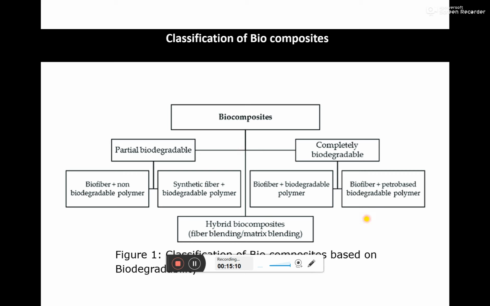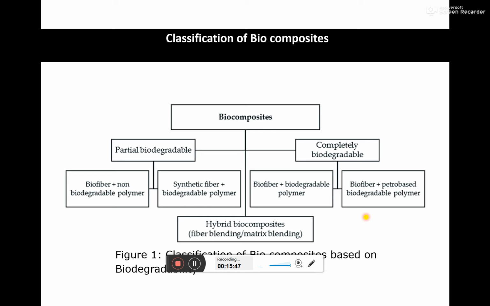Here we can blend different fibers. For example, if I want to manufacture a partially biodegradable hybrid composite, then it is hybrid. Hybrid means I can use multiple layers of fibers or multiple matrix resins. Such a blend formation gives the hybrid biocomposite material.